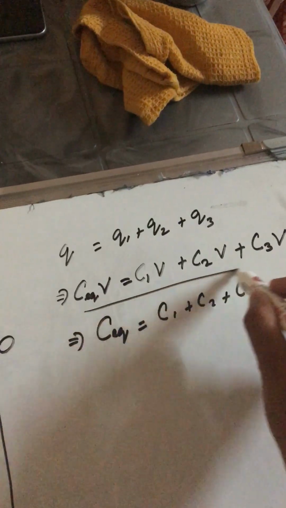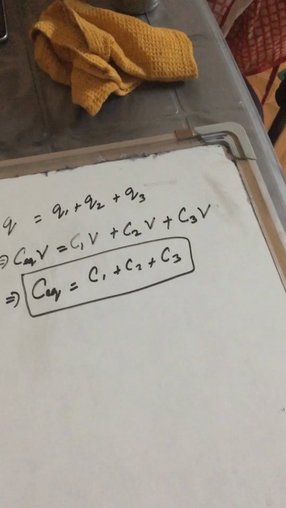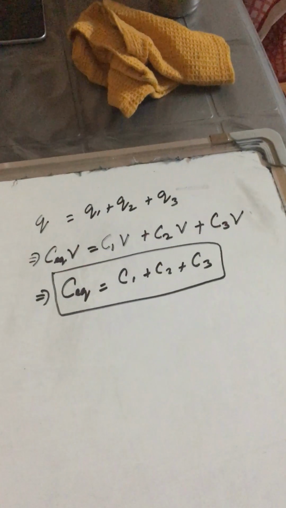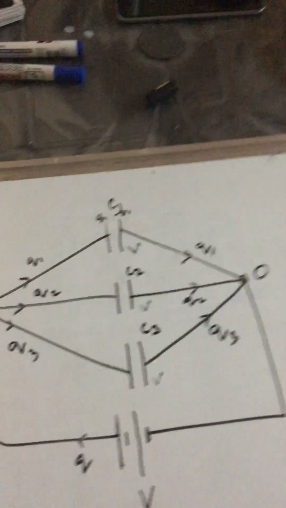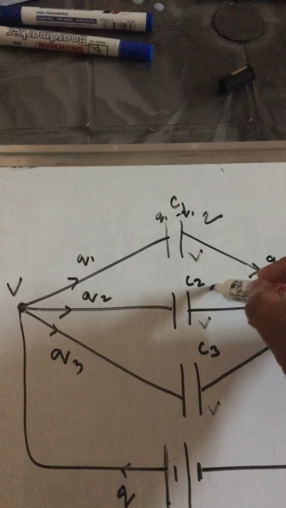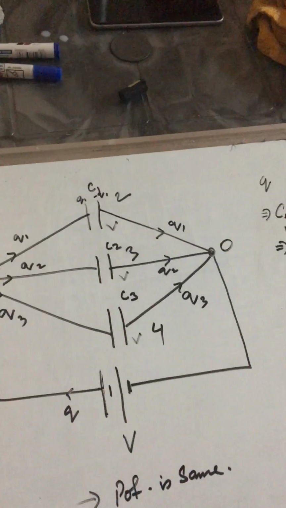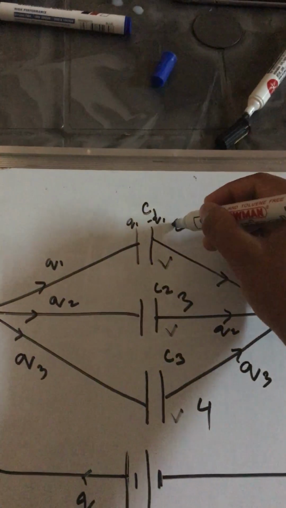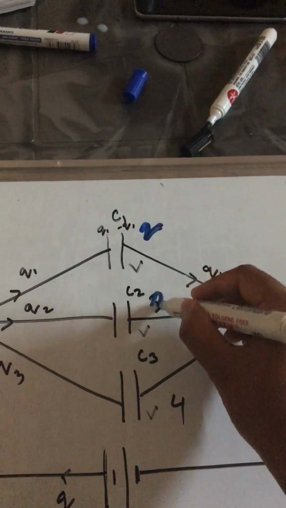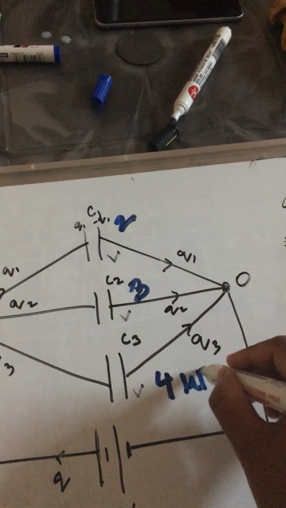So when they are connected in parallel, the capacitance directly adds up. Let's suppose this is 2, this is 3, and this is 4 microfarad, because microfarad is the most common one.